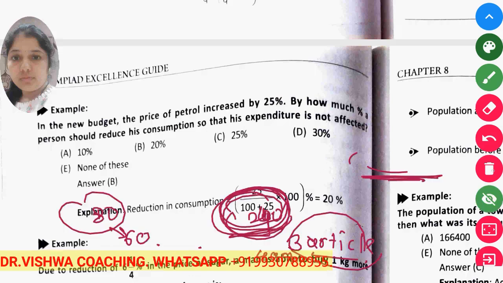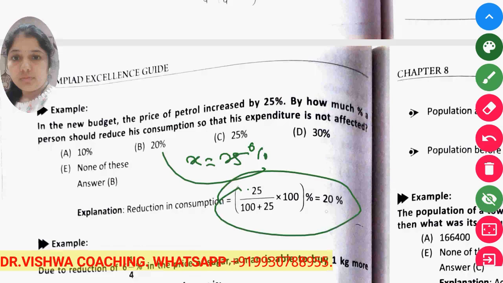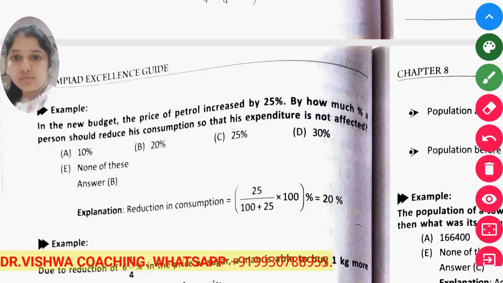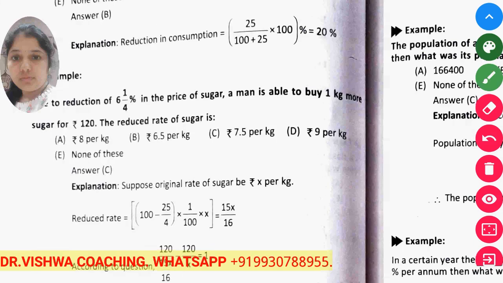So we directly use that formula, x upon 100 plus x into 100. Now here our x is 25%, which is the hike in petrol price. So put the values in the formula, and you get 20% consumption you have to reduce. But here the problem is a bit rounded kind of.